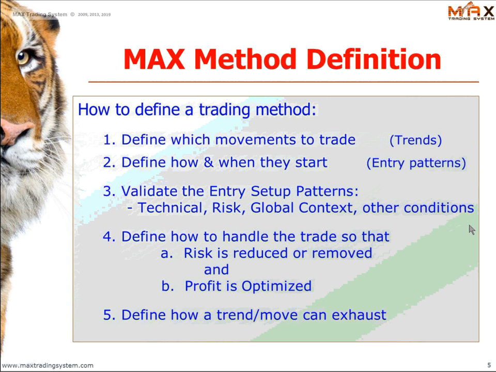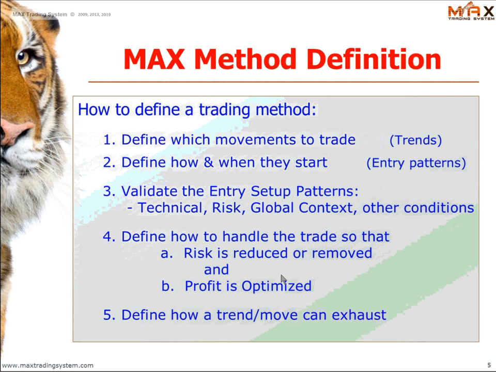Other aspects of the global context are the news releases, but also the daily decisions by the central bank, and so on and so on. So all these aspects of macro and micro conditions will influence the market, and we have to take that into account and to trade in agreement with these elements. So it's not because we have an entry setup that we have necessarily a trade. The setup must be in agreement with essentially the global context.